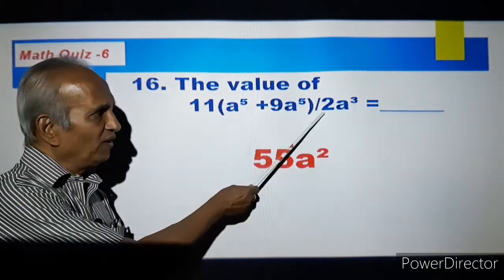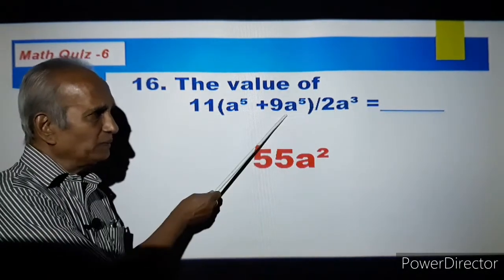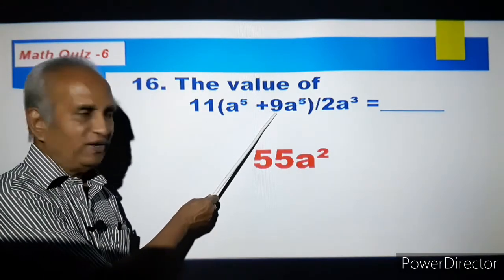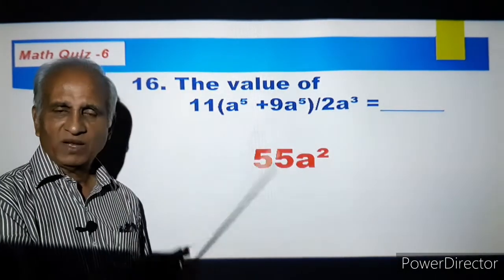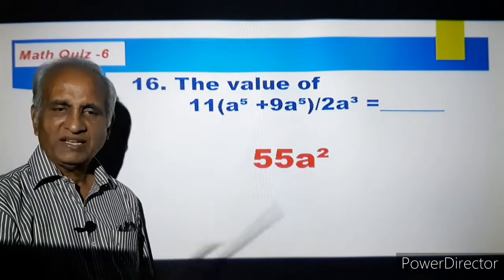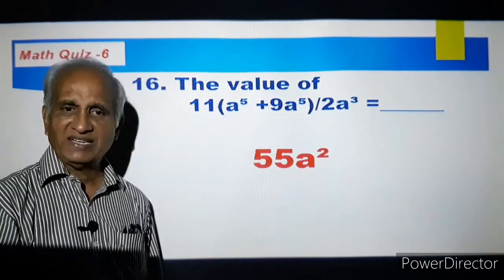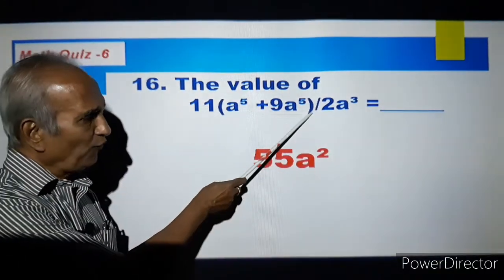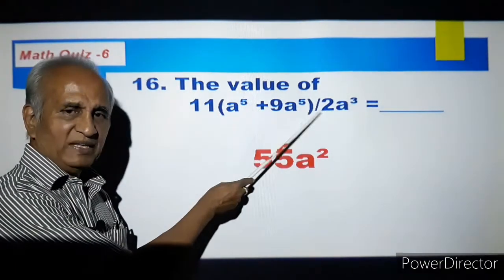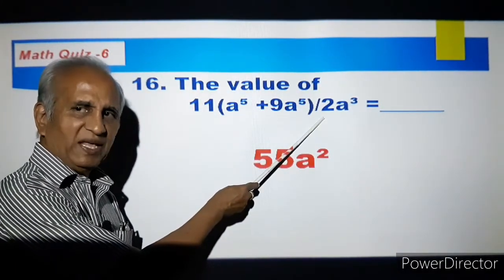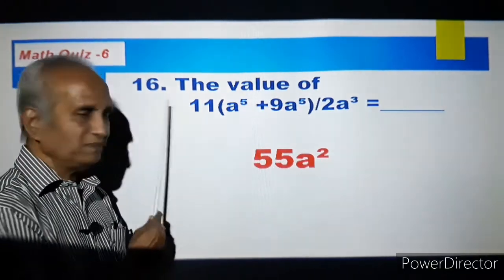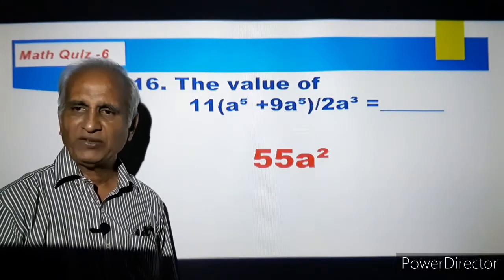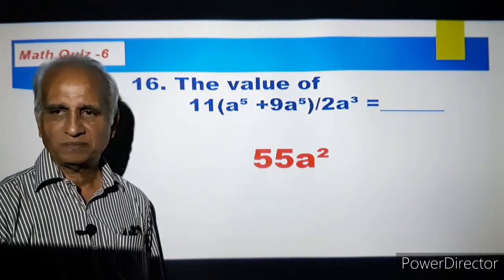Now divide by 2a cubed. 10a to the power 5 divided by 2a to the power 3. 10 by 2 is 5. a raised to 5 divided by a raised to 3 is a squared. So it is 5a raised to 2. Multiplied by 11, 55a squared.